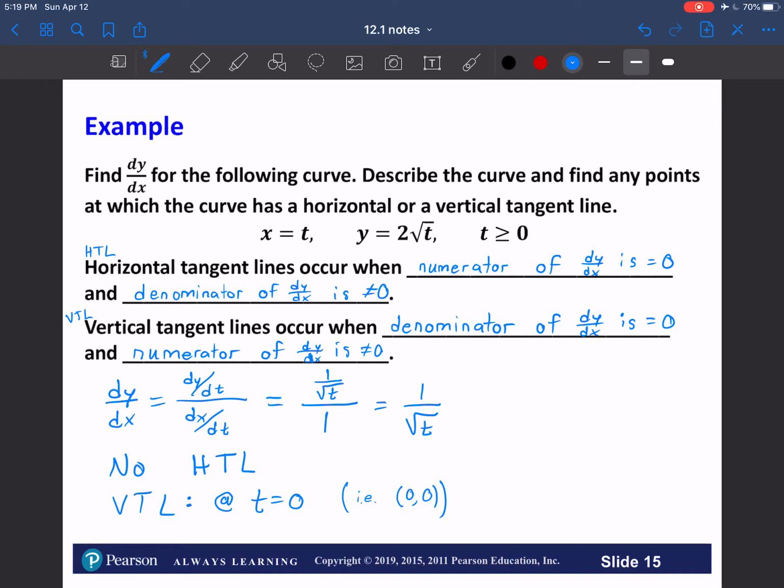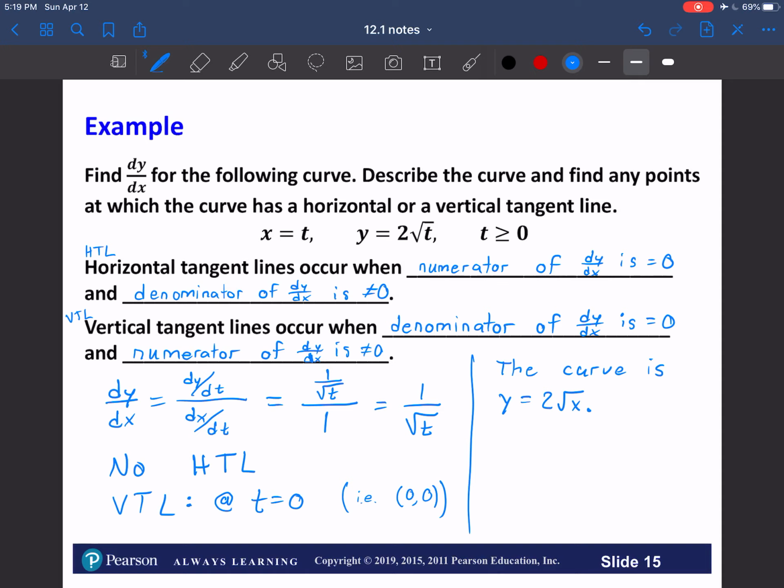All right. And finally, we should also attempt to describe this curve. The idea here is that since x is equal to t, we could eliminate this parameter and just throw x right there, and we would get y equals 2 root x. So the curve is y equals 2 root x. And this is probably sufficient.